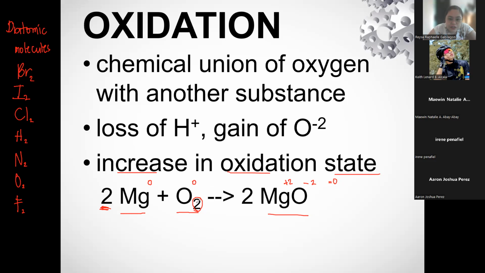Now, kung titingnan natin, class, there is oxidation in this part, in magnesium. Bakit? Magnesium from 0 assumed an oxidation state of positive 2. So this is where the increase in the oxidation state happened.